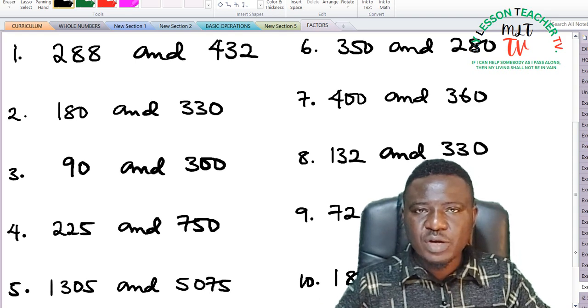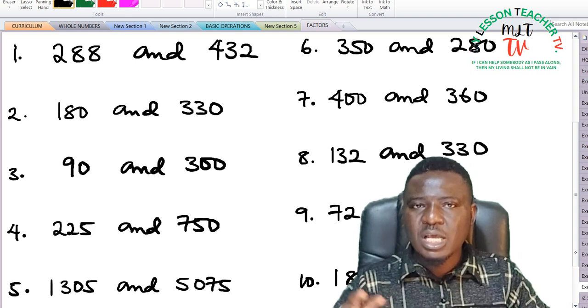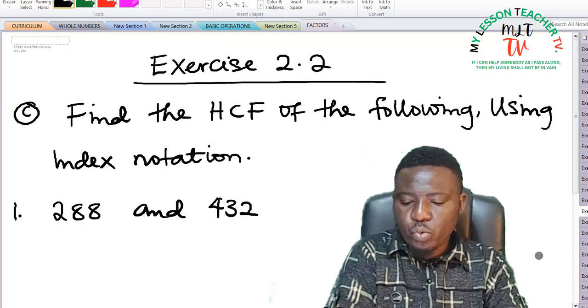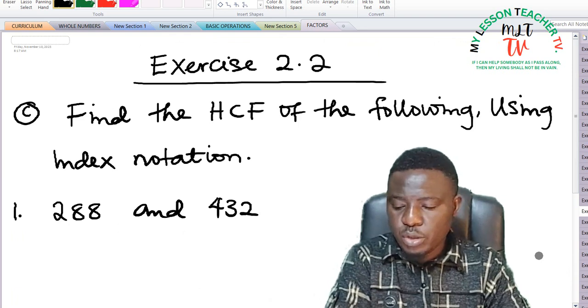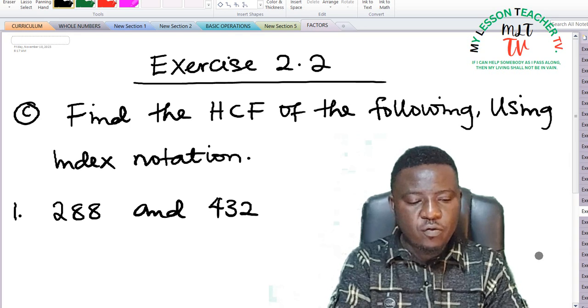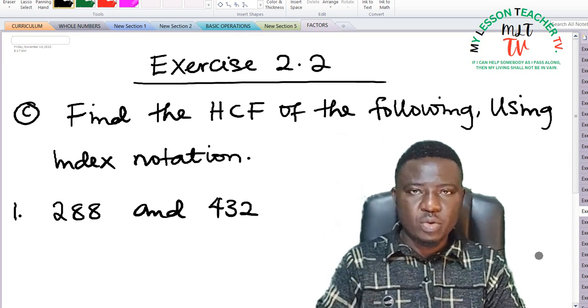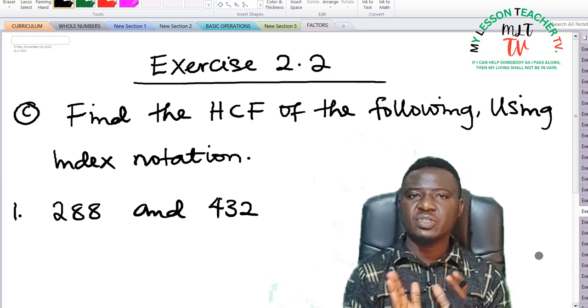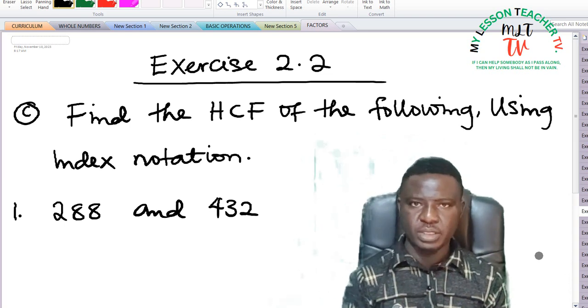Thereafter, we look out for the common factors, and the product of the common factors gives us the HCF of the paired numbers. Question 1 on exercise 2.2c, we are asked to find the HCF of the following using index notation. Now, HCF simply means the highest common factor of these two numbers.